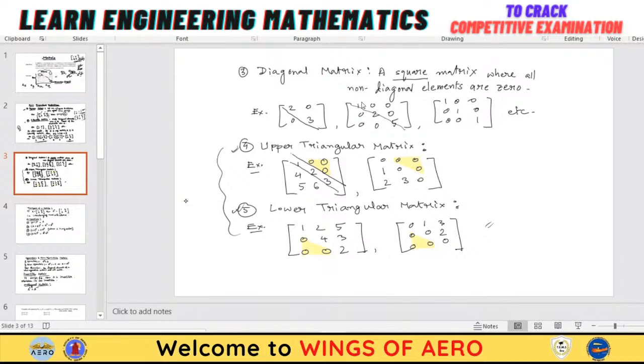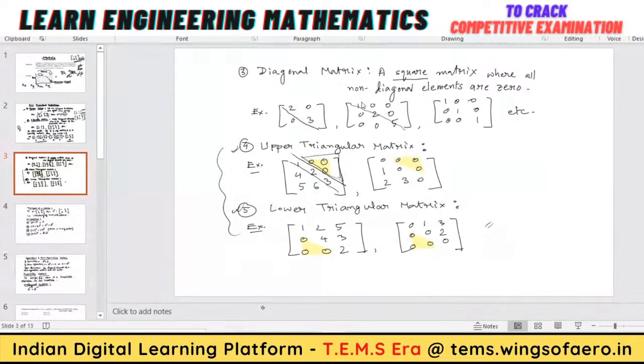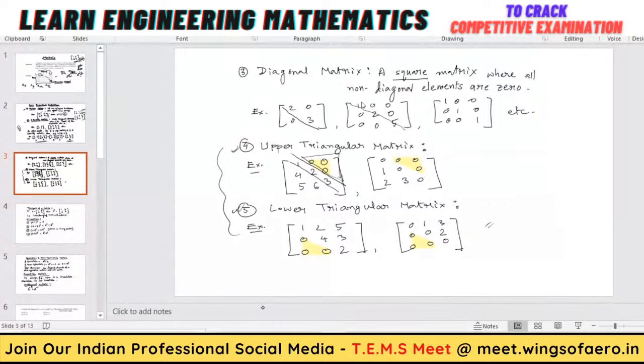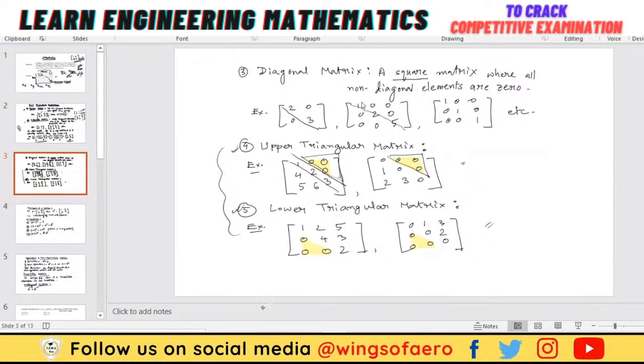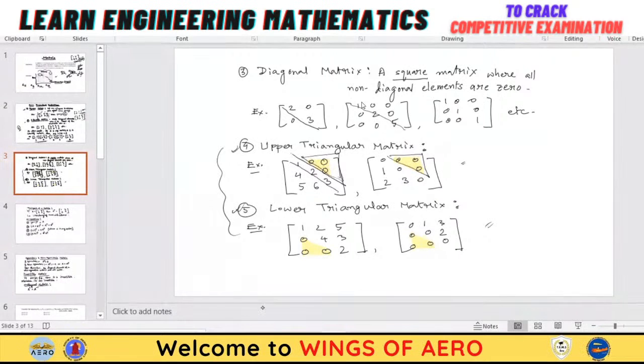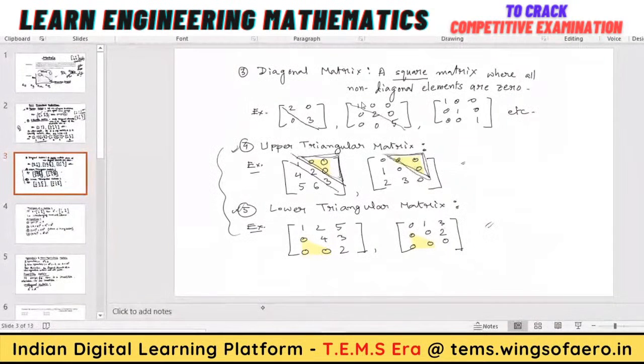The portion below the diagonal elements are all 0. Similarly, look at this. The portion below the diagonal elements are all 0. This is also an upper triangular matrix. Don't bother about what the diagonal elements are, whether they are 0 or not. You just have to remember the portion on one side of the diagonal will be 0. Then it is called upper triangular.